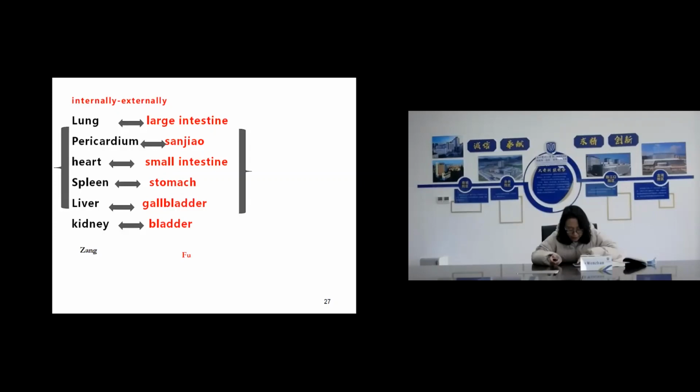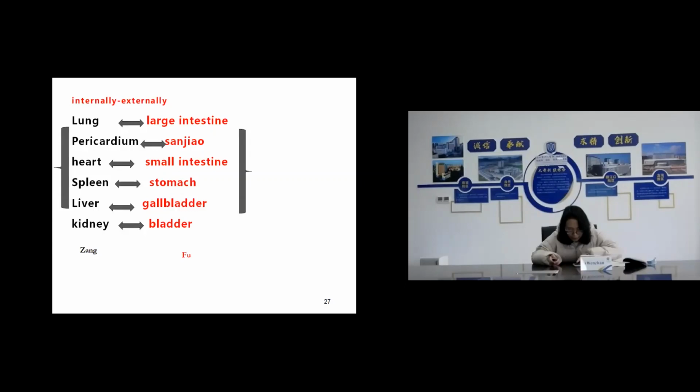Then the stomach meridian runs from the head to the foot. In the great toe, it is connected with the spleen meridian. Then the spleen meridian runs from the great toe of the foot to the chest. It will connect with the heart meridian.